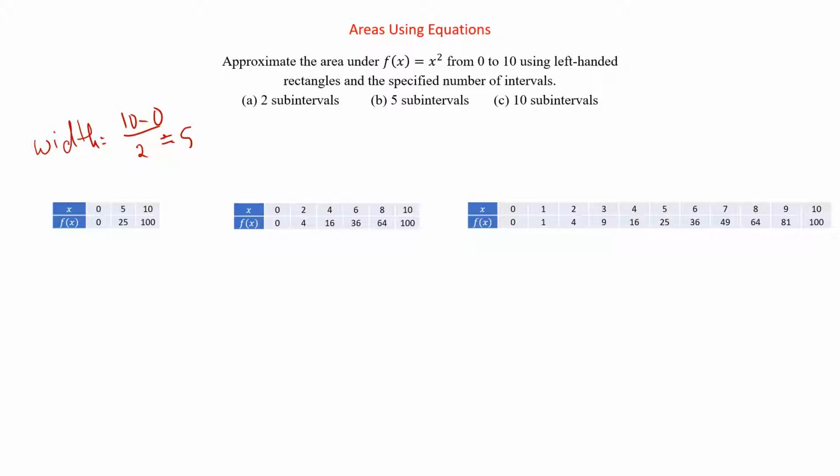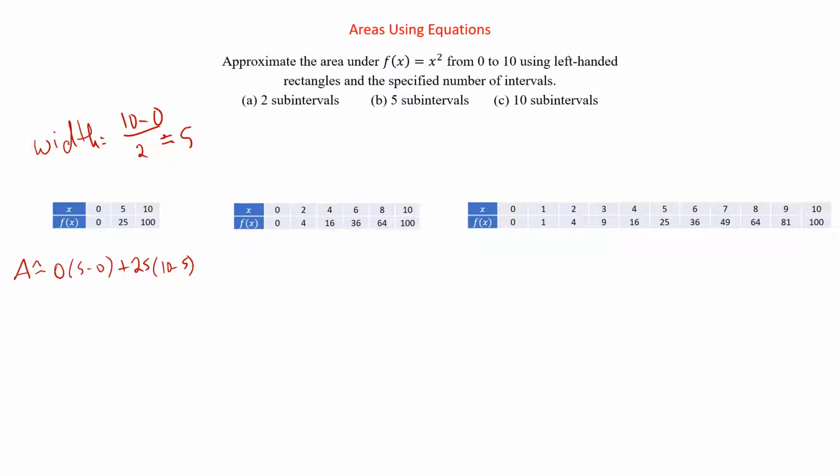So in this case, the area is going to be approximately 0 times (5 minus 0) plus 25 times (10 minus 5). Notice the widths will always be 5 in this case. The next one, the widths will always be a different number.